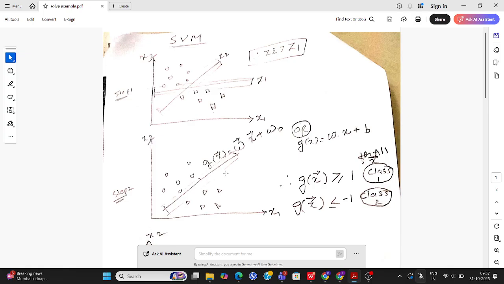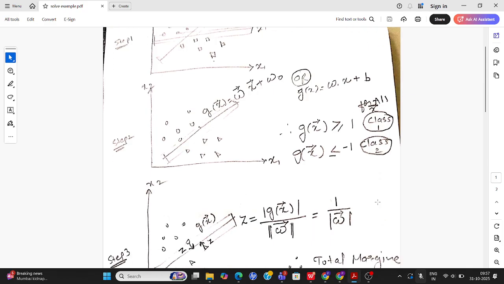Step 2, you get the line equation with your weight, the supporting weight. After that you identify the class from that line equation. If it is greater than or equal to 1, then it is one class. If it is less than or equal to -1, it is another class. So this is step 2.